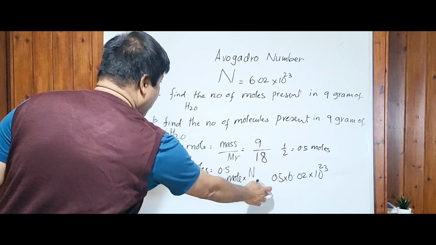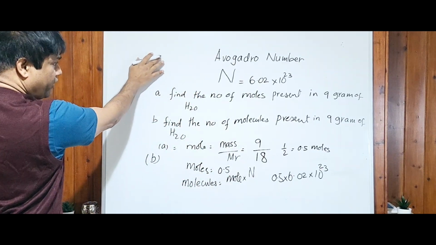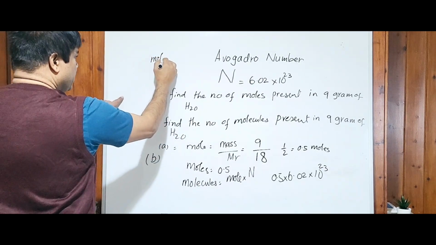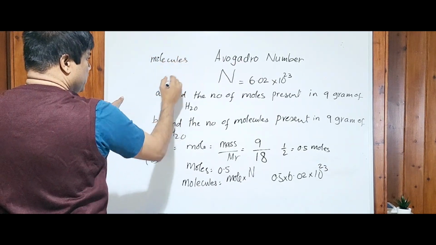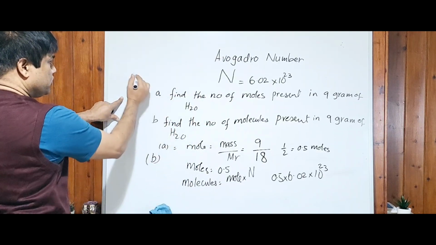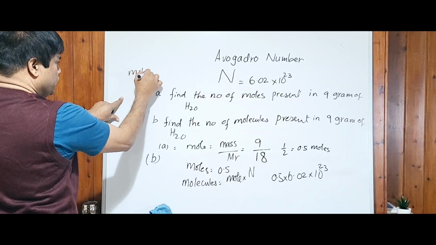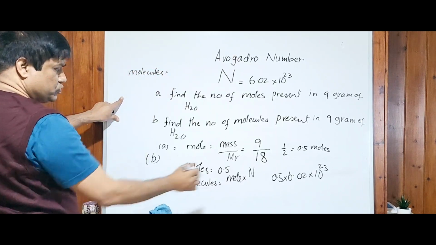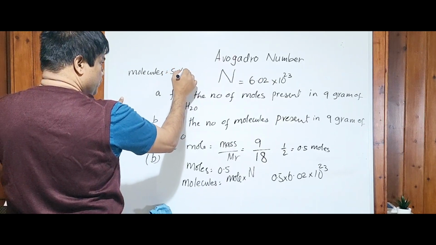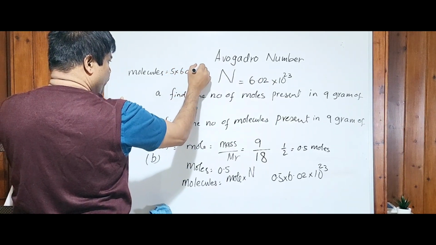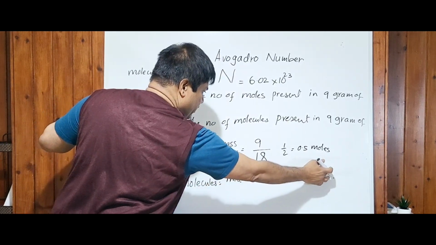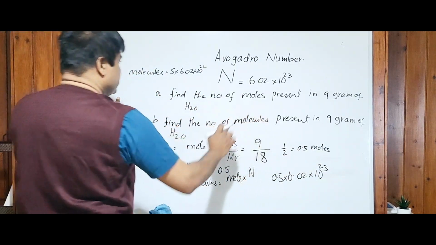Or I'm writing. Is that okay? Can I write here, guys? So molecules equals 5 into 6.02 into 10 to the power of 22. I've taken divided by 10, so I've taken 1, 10 cancels from that.